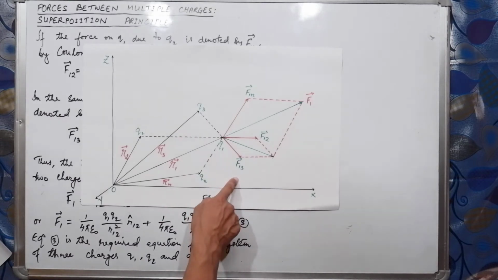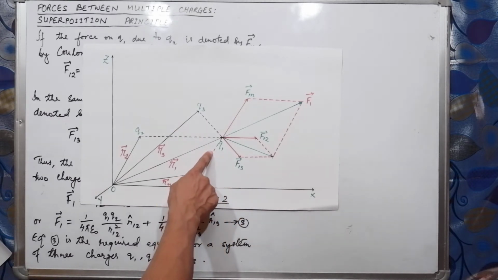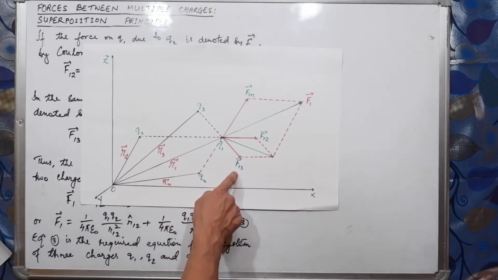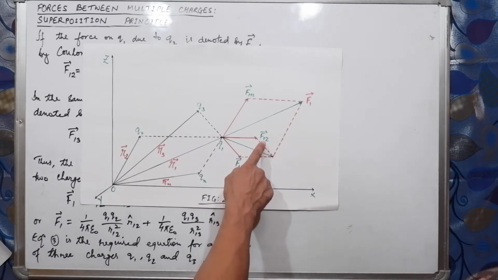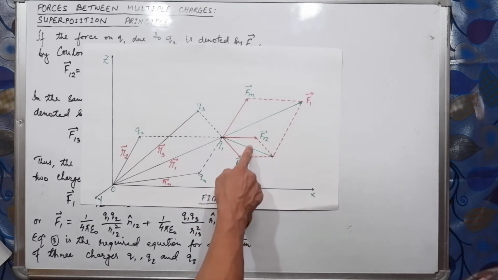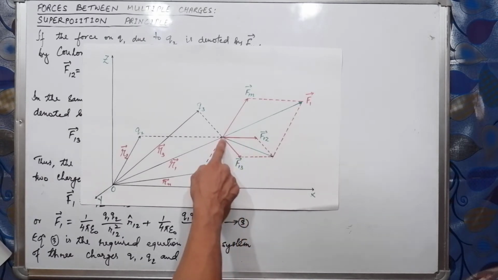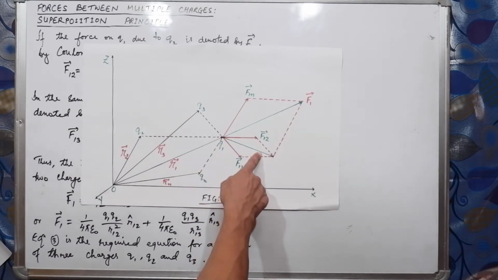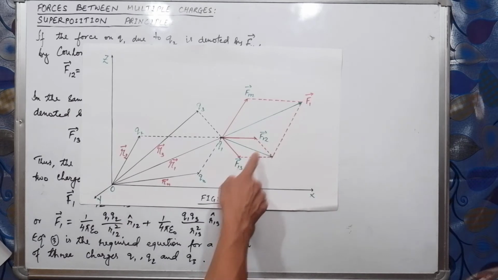Here also, if we want to get the total force acting on Q1, first of all we have to add two forces at a time. For example, if we add the force F12 and F13, we will get the resultant force, which I mark with the green arrow here. This is the resultant force of F12 and F13.